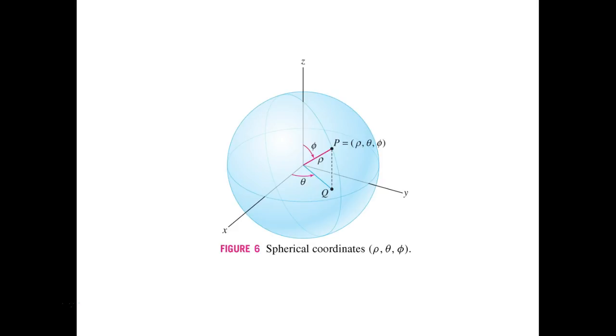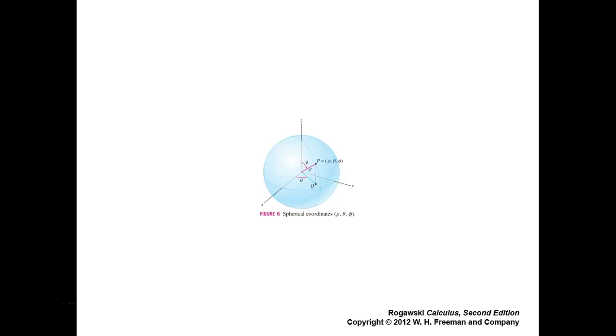Okay, so your three coordinates are rho, theta, phi. One radius, one linear measure, and two angular measures. Now, as you might expect, these equations of equivalence are quite a bit stranger.